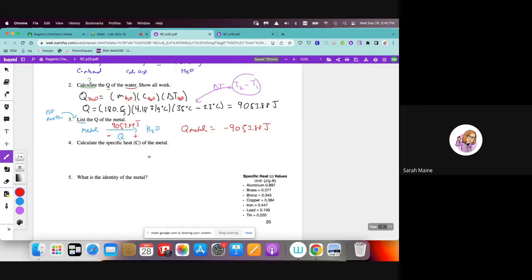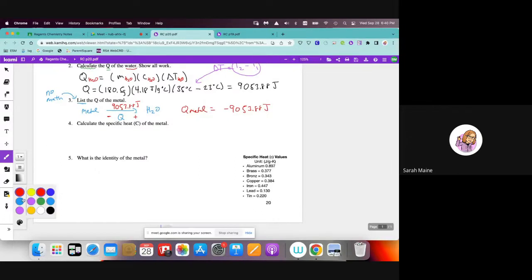Now take a look. We're getting down to our last calculation here. When we're reading it, it says calculate. So calculate means we've got to come up with something. We're asked to come up with C. We only have one equation that has a variable C that stands for specific heat.